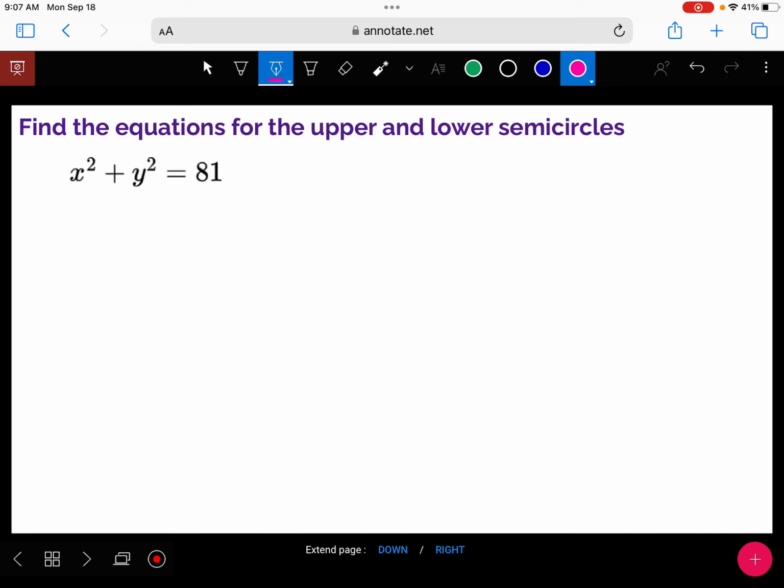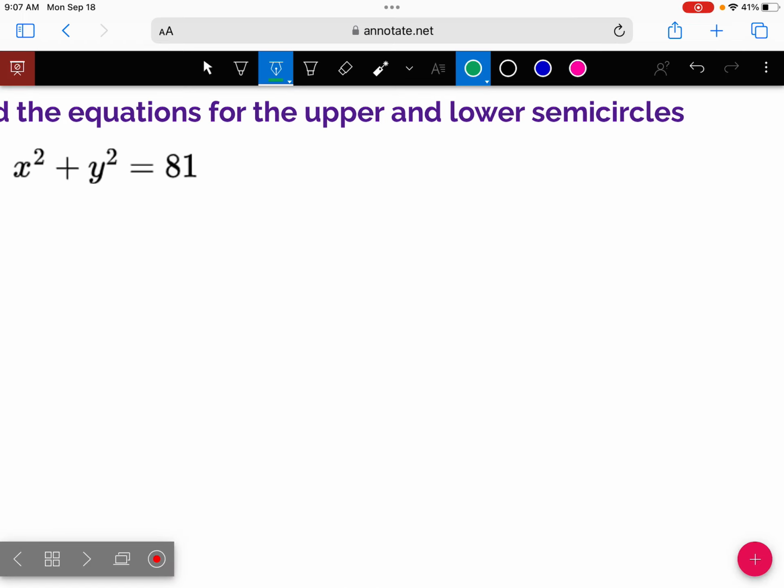All right. So when we are solving, y'all, for upper and lower, that means we're solving for y. So we need to get y by itself.